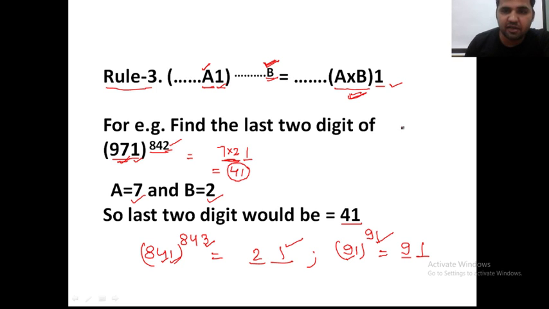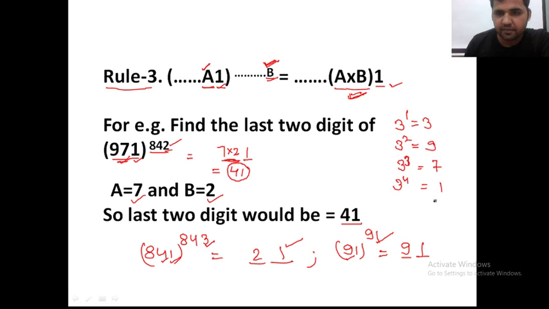For example, if you talk about the powers of 3, 3 power 1 is 3, 3 power 2 is 9, 3 power 3 is 27, so 7 is the unit digit, 3 power 4 is 81, which ends in 1. So even if you do not have 1 as the last digit, you can make it so in the case of odd numbers, by taking a suitable power.